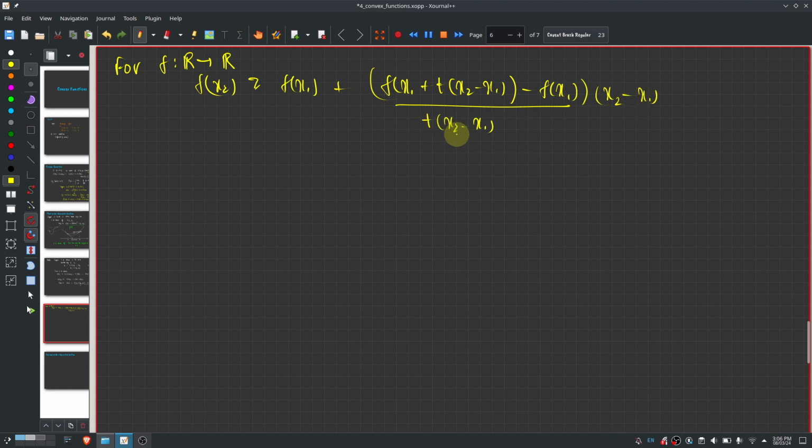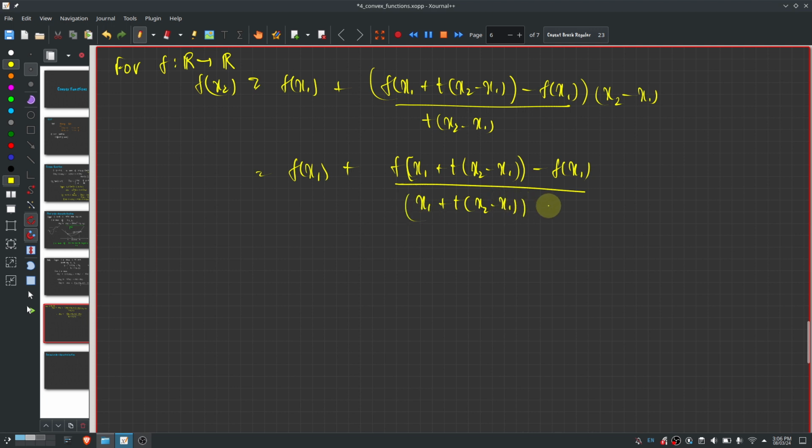I just multiply and divide by x2 minus x1 over here. But this is essentially equal to f of x1 plus (f of x1 plus t times (x2 minus x1) minus f of x1) divided by (x1 plus t times (x2 minus x1) minus x1), times (x2 minus x1).